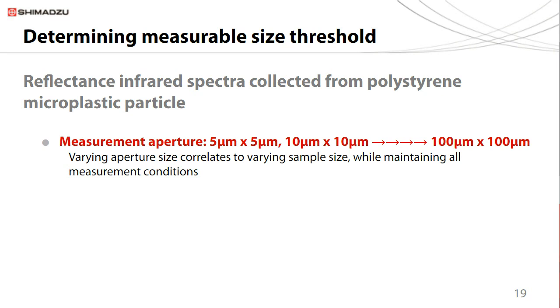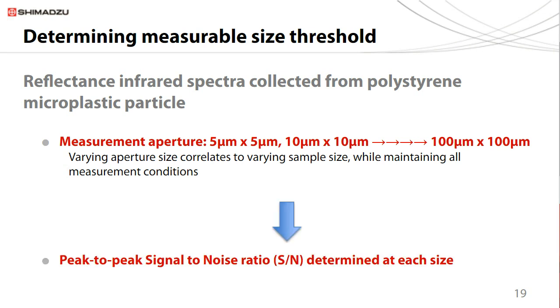Subsequent measurements were taken for the same particle with larger apertures at 10 by 10 microns, 20 by 20 microns, and so on up to 100 by 100 microns. The increasing apertures allowed us to simulate measurements of varying sample sizes while maintaining all measurement conditions and eliminating sample-to-sample variations. Then, peak-to-peak signal-to-noise ratios were determined at each size and plotted.